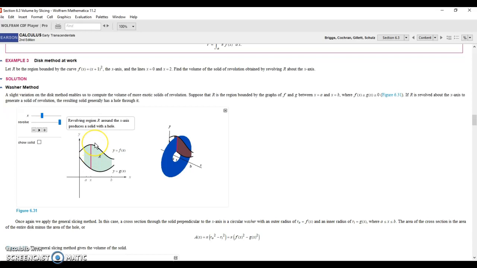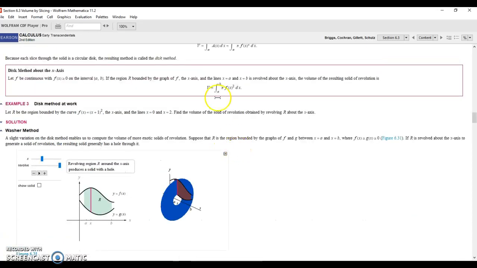Well, the cross-sectional area here, we're going to get that by, well, this thing's called the washer method because basically what you're doing is you're going to subtract the area of the big circle minus the area of the little circle for cross-sectional area.